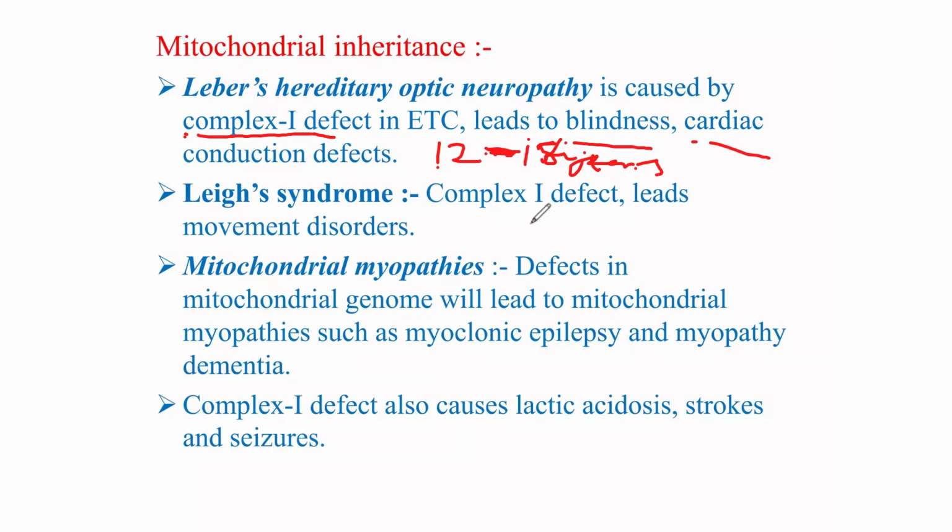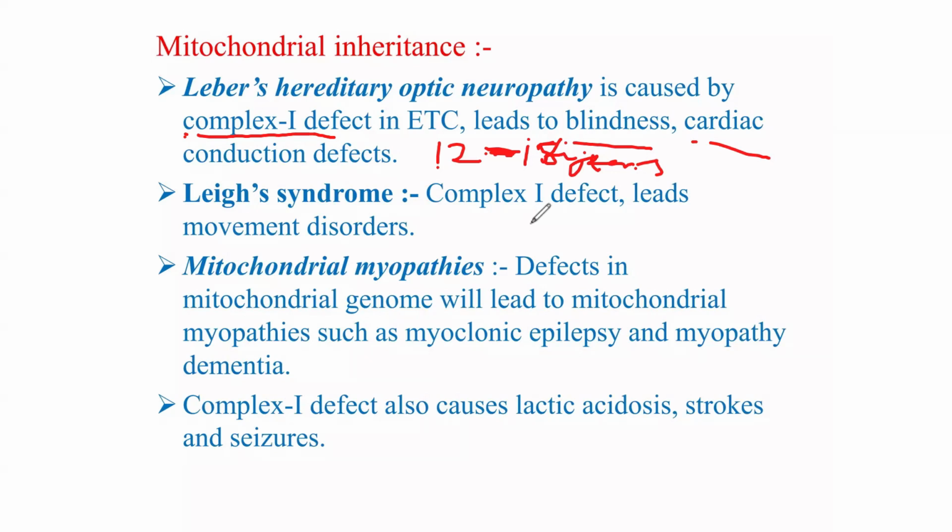So this is actually the problem that is associated with a defect of the enzyme complex 1. The defect in complex 1 is also associated with lactic acidosis, strokes, and seizures. So this is actually the problem associated with mitochondrial inheritance.